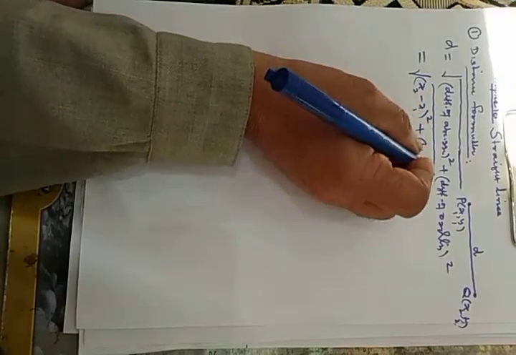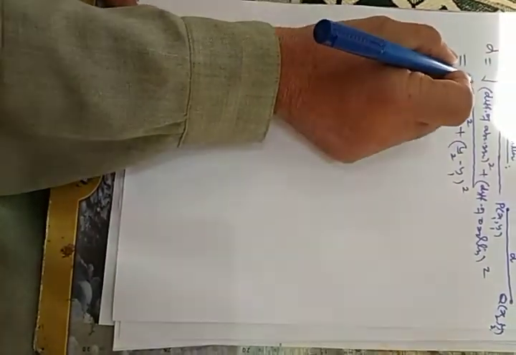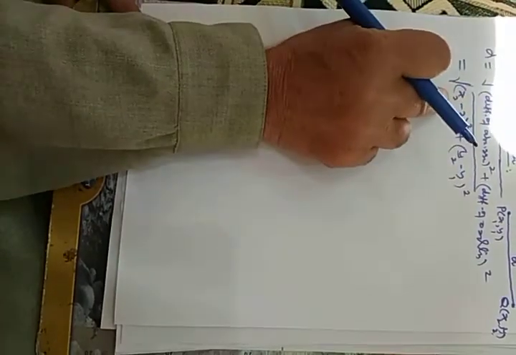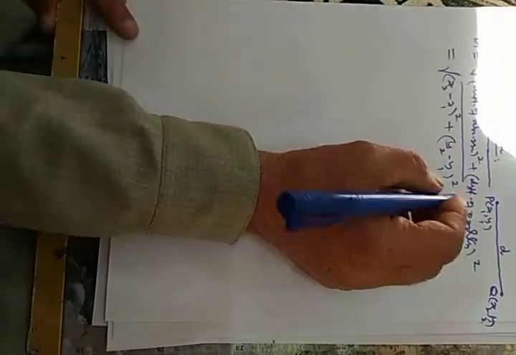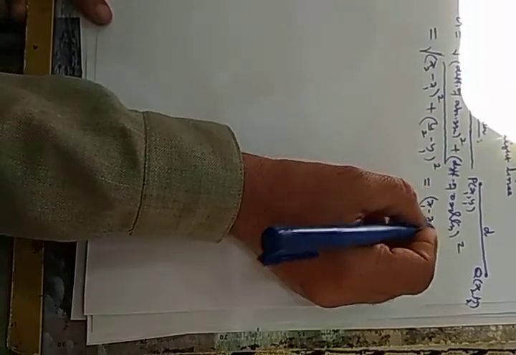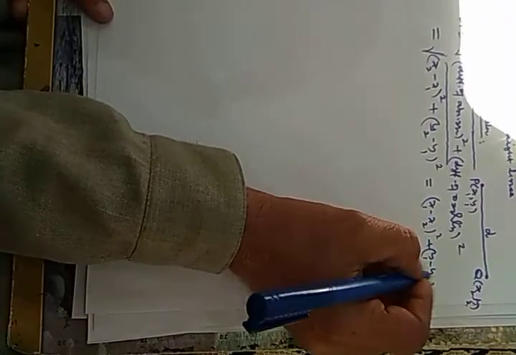Since these are two squared quantities under a square root, even if they are negative they become positive after squaring. So you can also write this as the square root of (x1 minus x2) whole squared plus (y1 minus y2) whole squared.